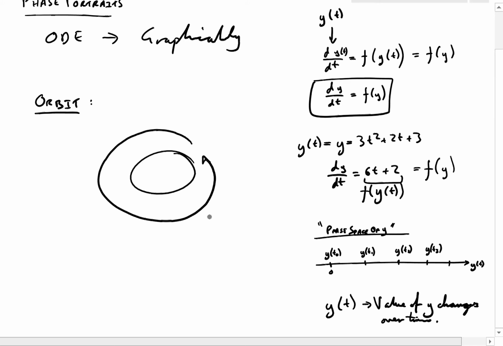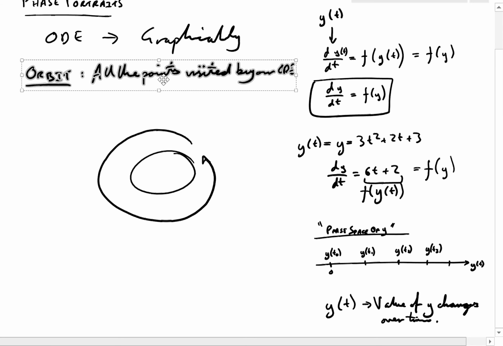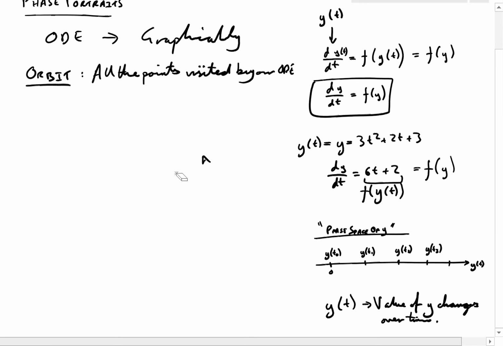It's exactly the same with an ODE. It's the set of points, all the points which are visited by our ODE. That's all an orbit is. It's just all the points that are visited by our ODE.